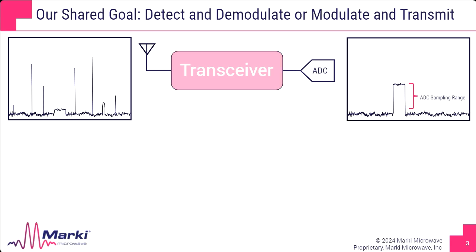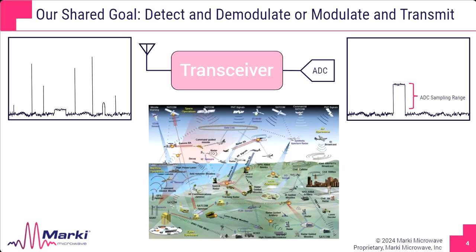So it's shown here. Now, these transceivers exist in a highly congested domain where there's signals in air, land, space, even cyber signals. And these modern transceiver systems have to operate in this complex environment where there's all these different things overlapping in frequency spectrum.